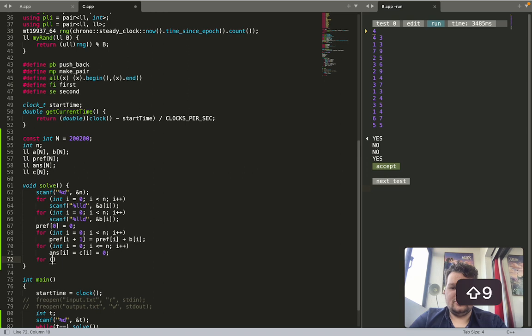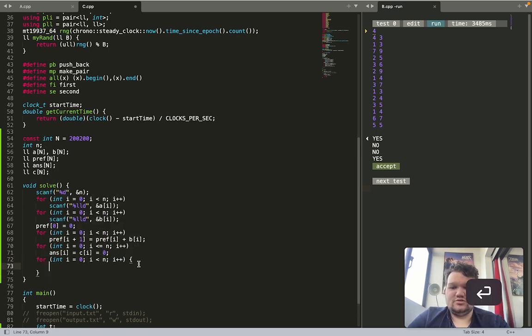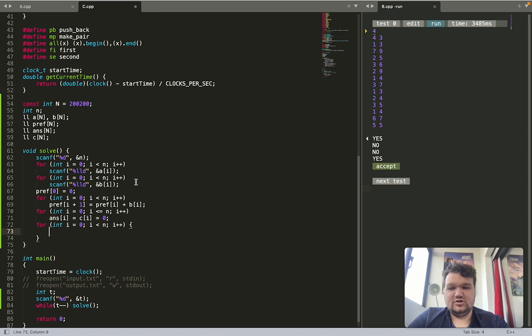Okay, so now for every taster, we want to find with binary search, for example, the first such person so that the sum of B from the i-th person to this one is at least AI.